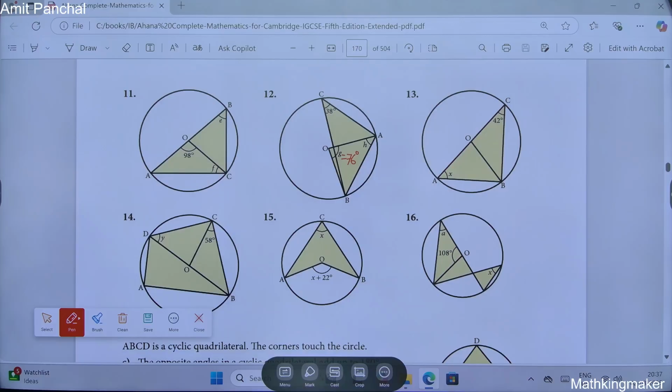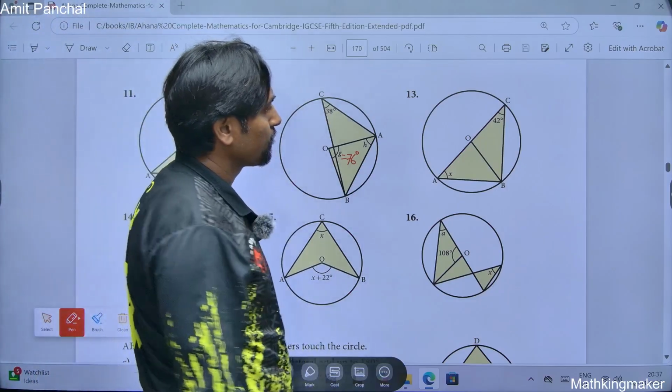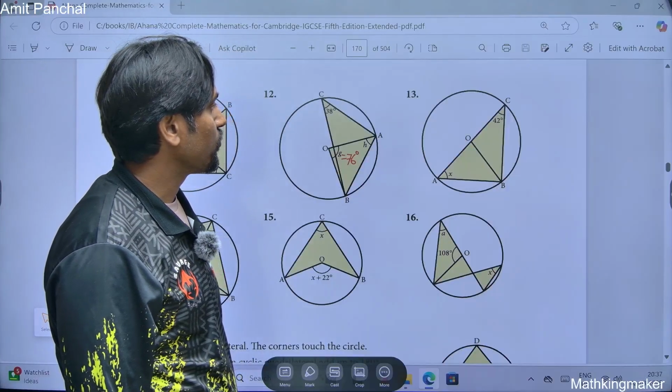You got X as 60. Talking about which one? 13. X is not 49. How did you do it?